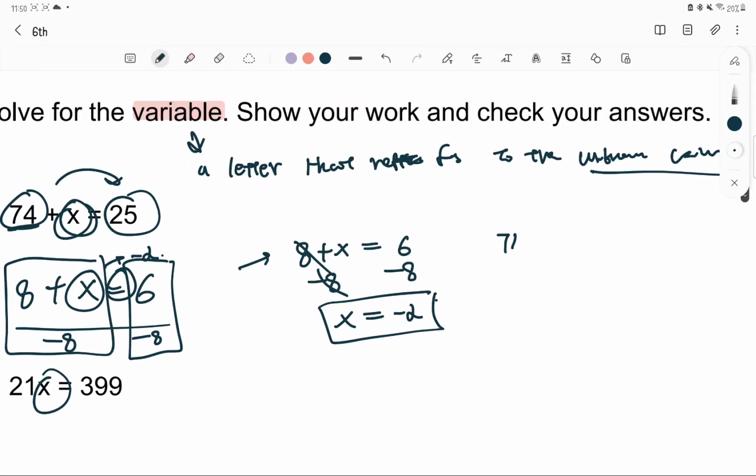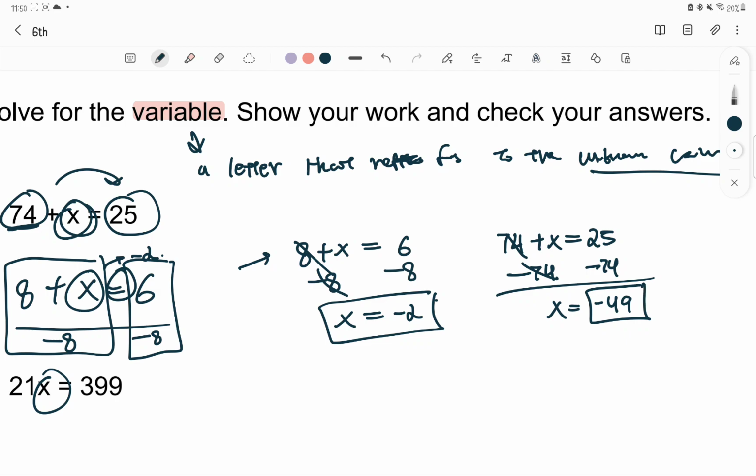So if you look at the example, 74 plus x equals 25, you have to subtract 74 on both sides, so that you get the x by itself. And now what you have to do is subtract 74 from 25. So 25 minus 74 is negative 49.